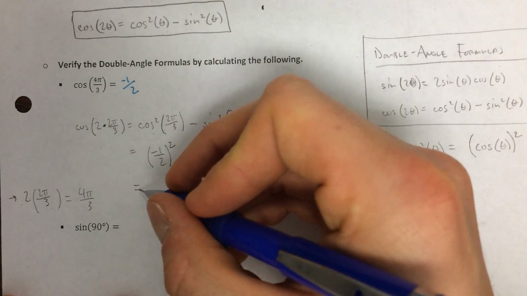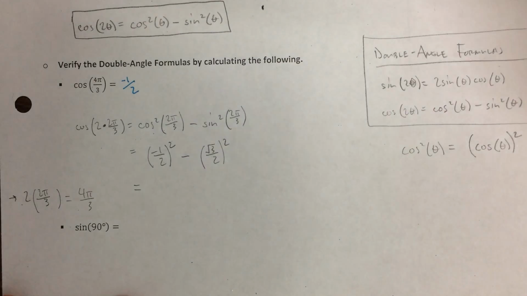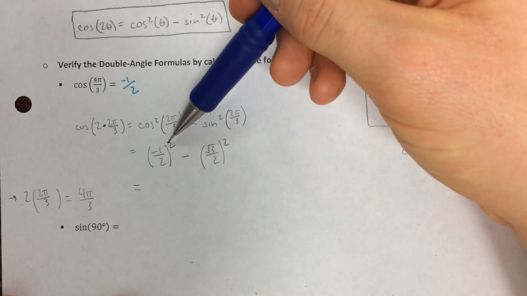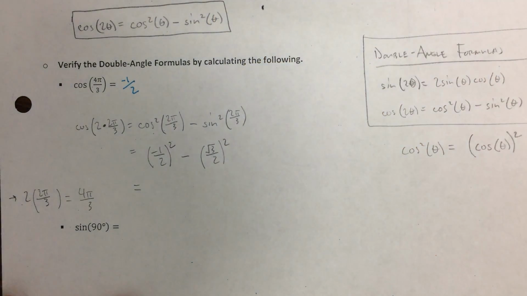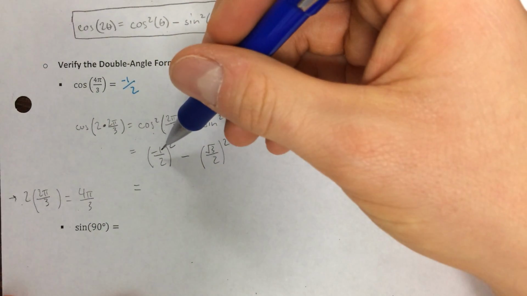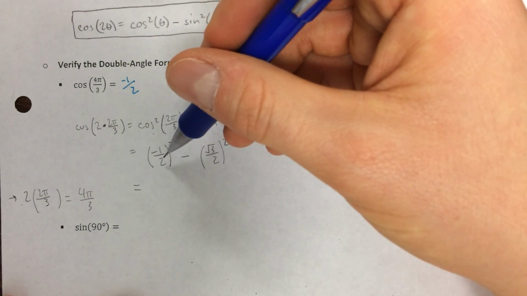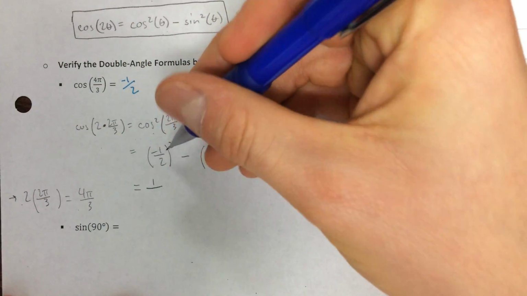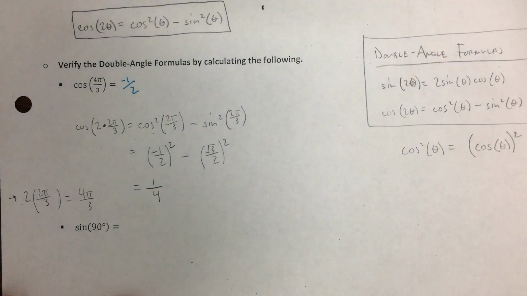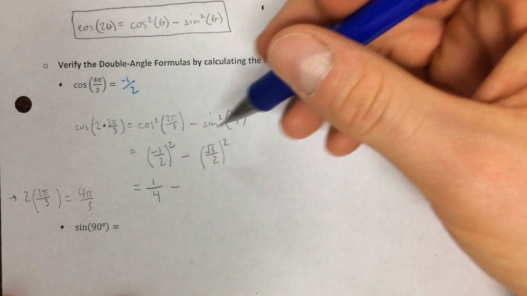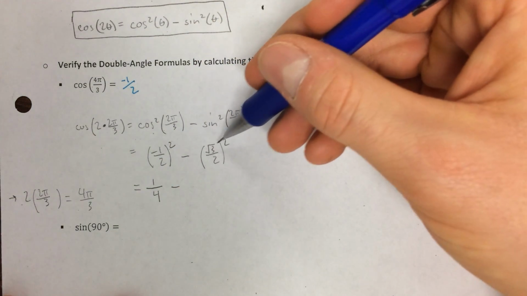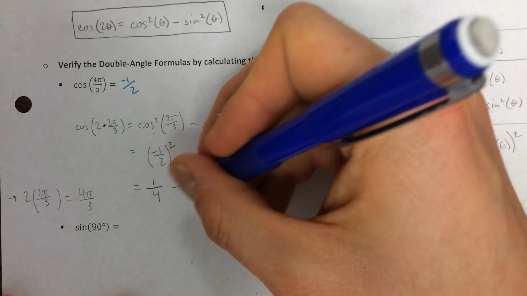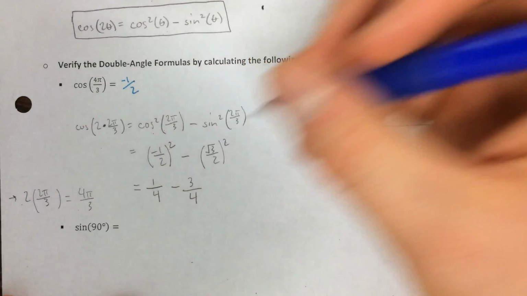Now if we do this, what we would end up with, negative, we're squaring it, and negative times a negative is a positive. Now what we can do is square the numerator, square the denominator. 1 squared is 1, 2 squared is 4, minus, square root of 3 squared would be 3, 2 squared would be 4.